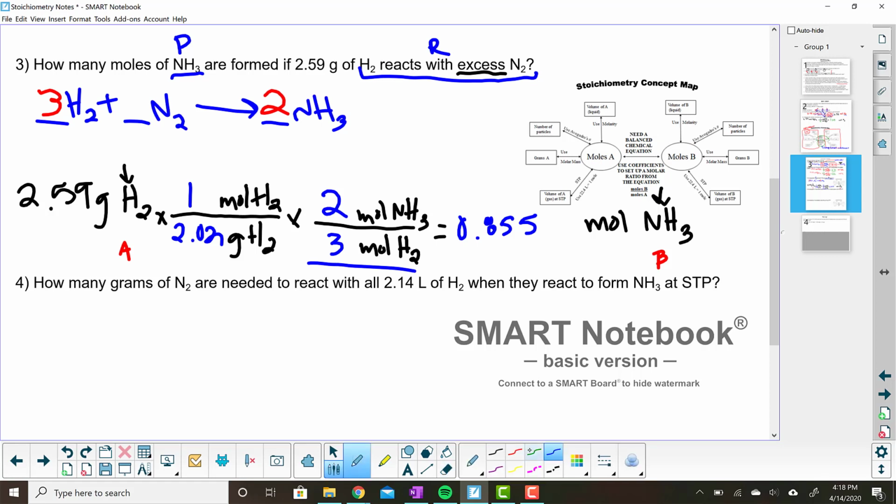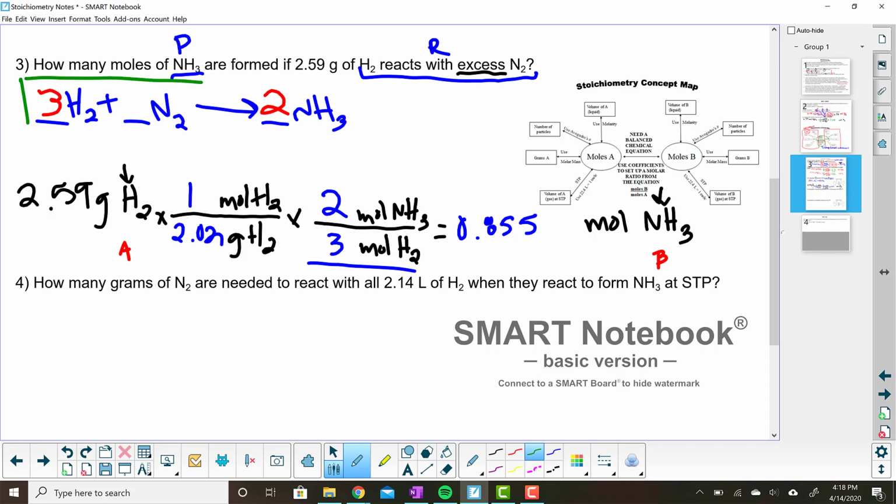Let's try this next example. In this next example, it says how many grams of N2 are needed to react with all 2.14 liters of H2 when they react to form NH3 at STP. So it seems like I'm dealing with the same reaction from before.